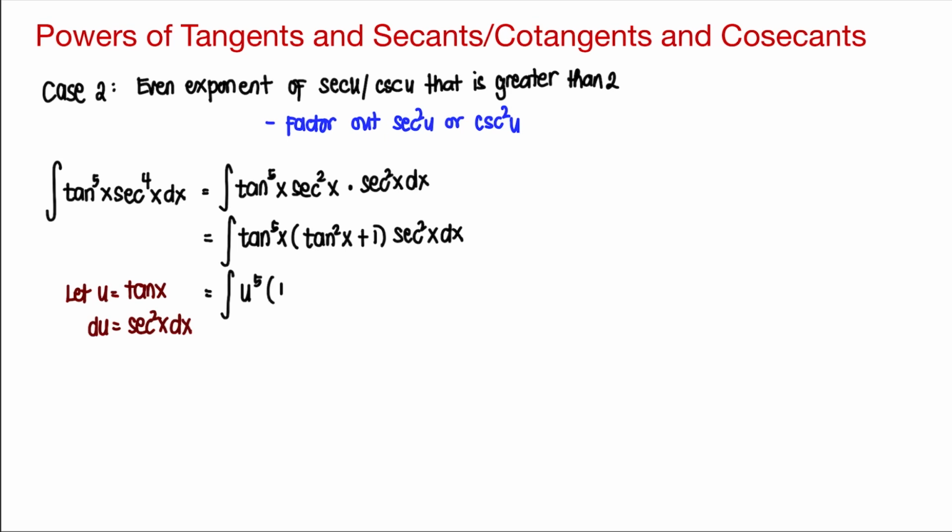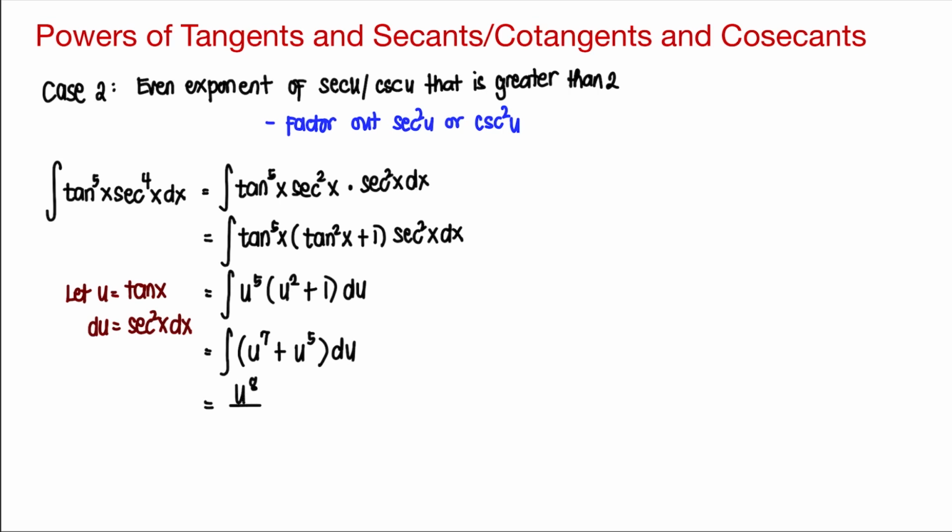Tangent squared x is u squared plus 1. And secant squared x dx is equal to du. Then we distribute, so that would be u to the power of 7 plus u to the power of 5 du.